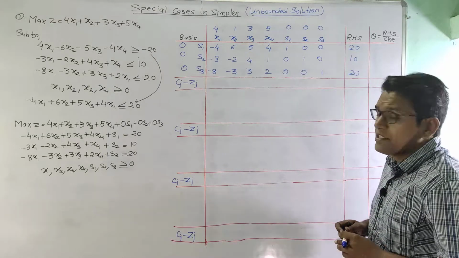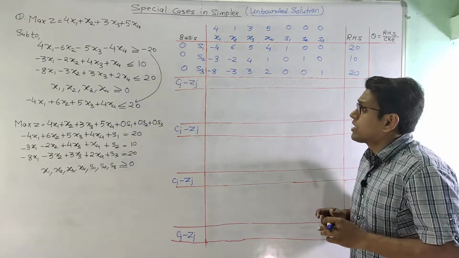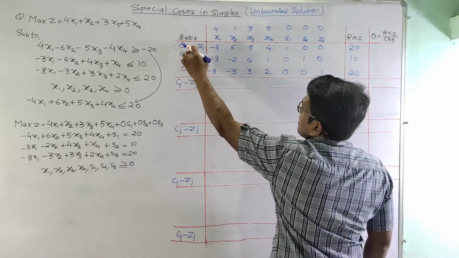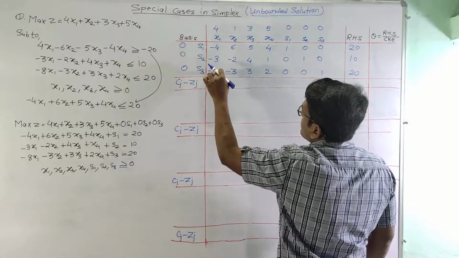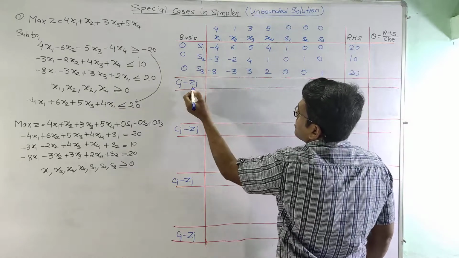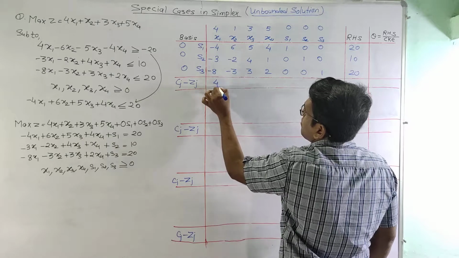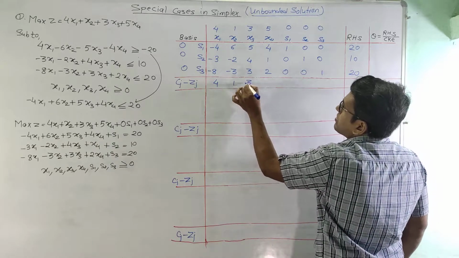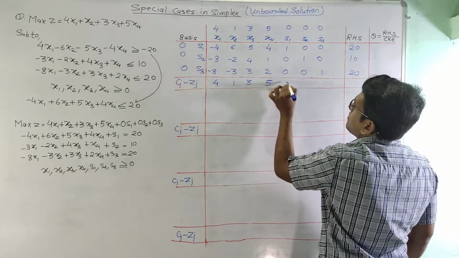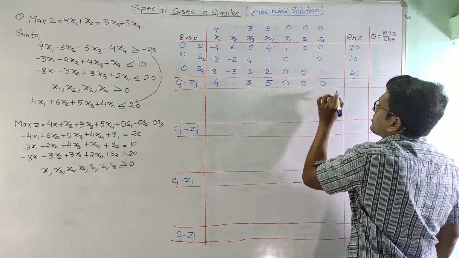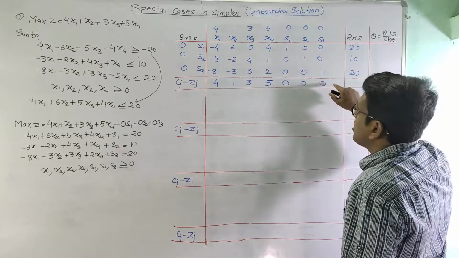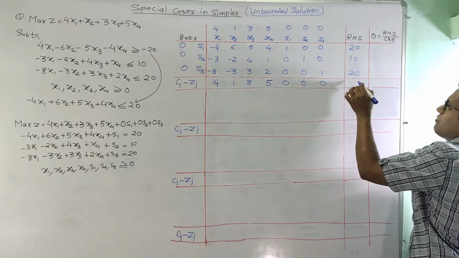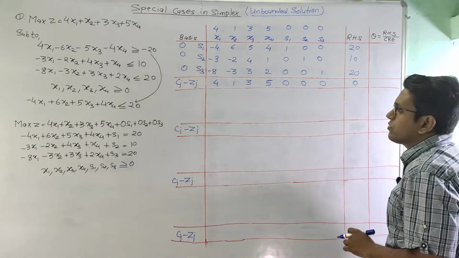Now to check the optimality here, we must calculate the value of Cj minus Zj. So here Cj, as these three are 0, the value of Zj will be 0. So Cj minus Zj will come as 4 minus 0 is 4, 1 minus 0 is 1, 3 minus 0 is 3, 5 minus 0 is 5, and S1, S2, S3 are having value 0 because they are in the basis column, and the value of the objective function will come as 0.